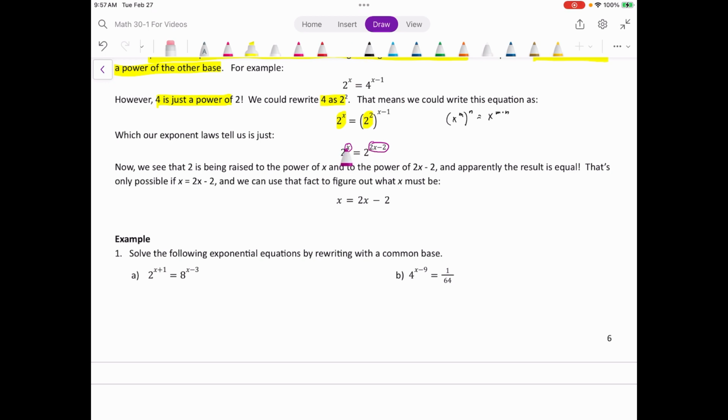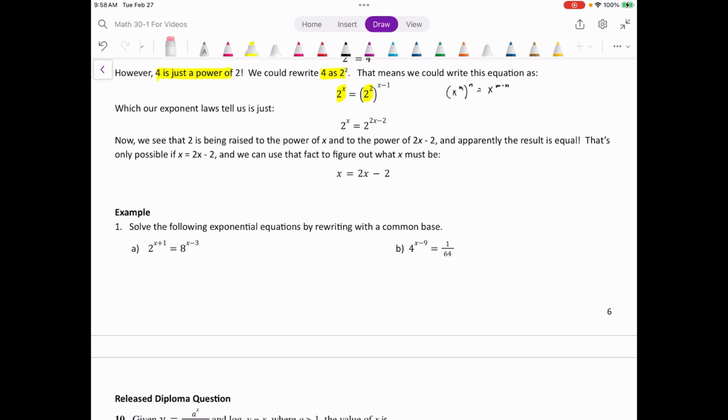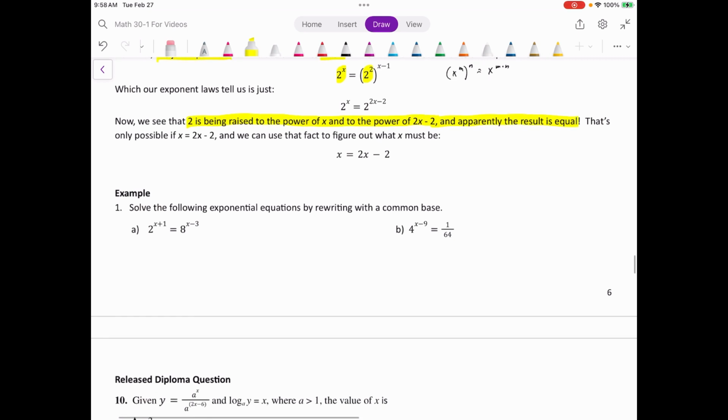If 2 to the power of x is the same thing as 2 to the power of 2x minus 2, that can only mean that x is the same thing as 2x minus 2, right? You can't raise 2 to two different powers and get the same result. Those two things couldn't be equal. So x and 2x minus 2 must be equivalent. 2 is being raised to the power of x and to the power of 2x minus 2, and the result is equal. That's only possible if x is 2x minus 2.